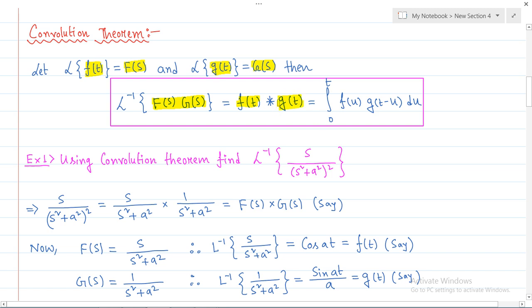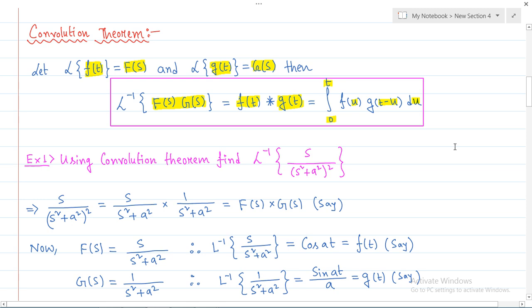In the formula of convolution of f and g that I just told you, it is equal to the integral from 0 to t of f of u g of t minus u du. The integration happens with respect to the variable u, and t is considered as a constant inside the integration, and u is the dummy variable for this integration.